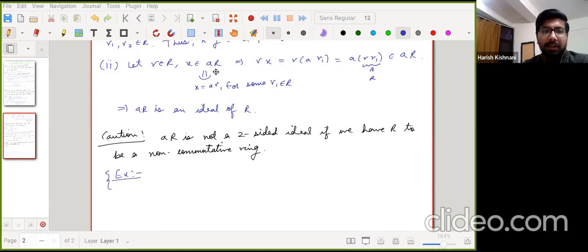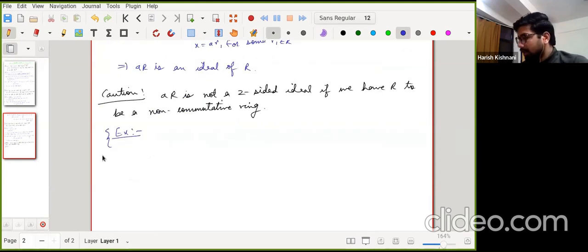Yes. So let's just see an example from the matrix ring, because this is the first ring that comes to our mind when we try to think of a non-commutative ring.